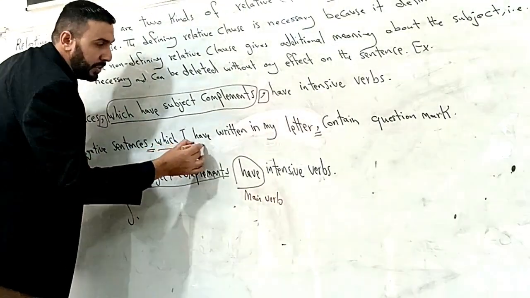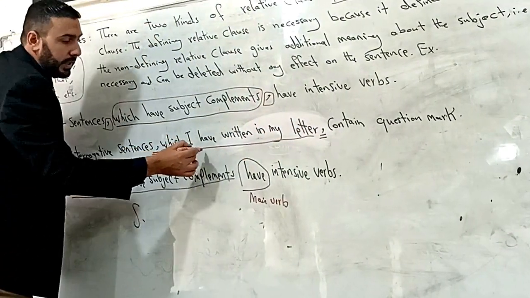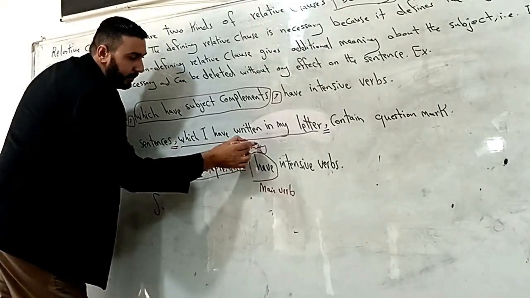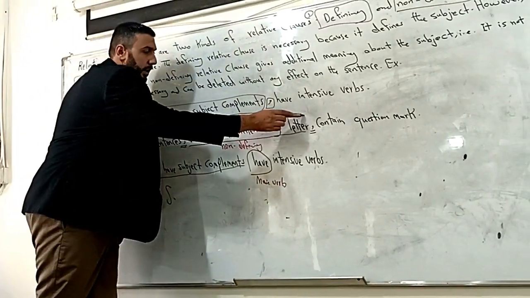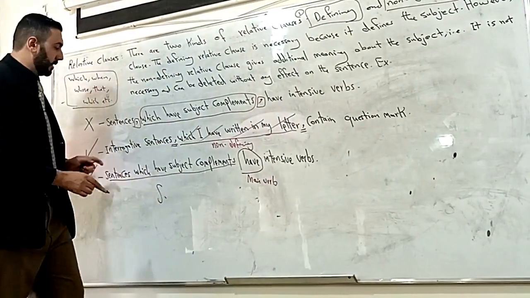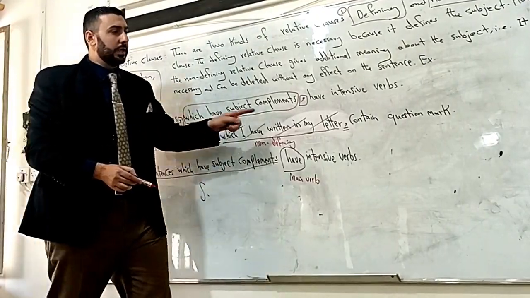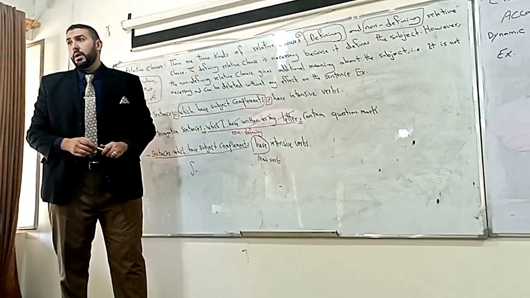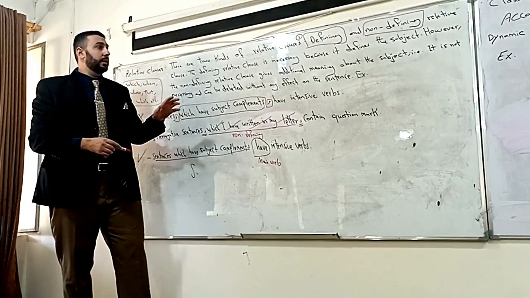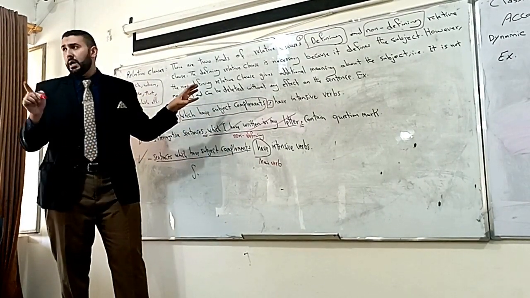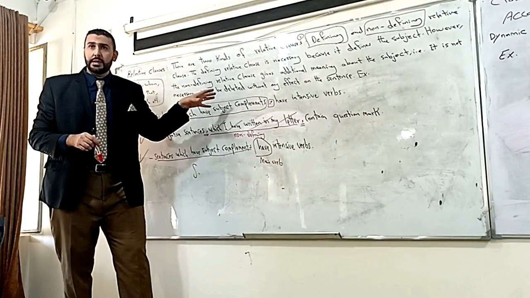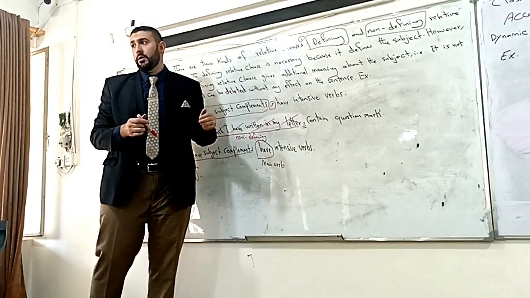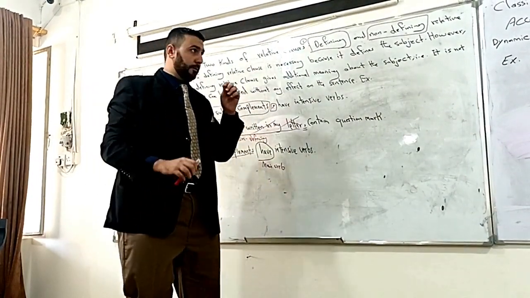This means that this relative clause is non-defining. Why is it non-defining? Because we can take it away. We can omit it from the sentence and say interrogative sentences contain question mark. Okay? So I want you to pay attention to this difference between relative clauses. I may ask you in the examination to identify whether the underlined relative clause is defining or non-defining.